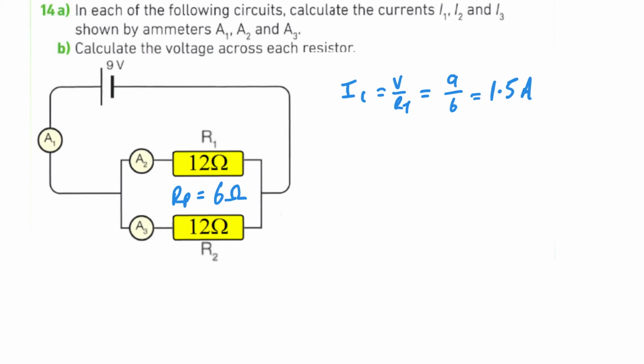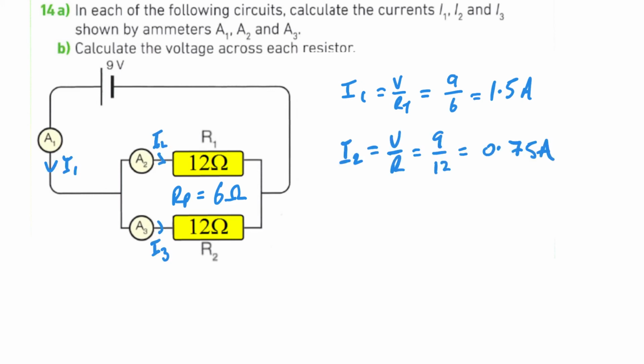Now this is easy because this current will split evenly between the 2 resistors. Or you can do Ohm's law for each one: putting 9 volts across a 12 ohm gives you 9 over 12, which is 0.75 of an amp.